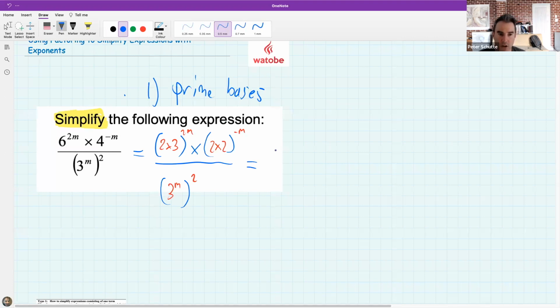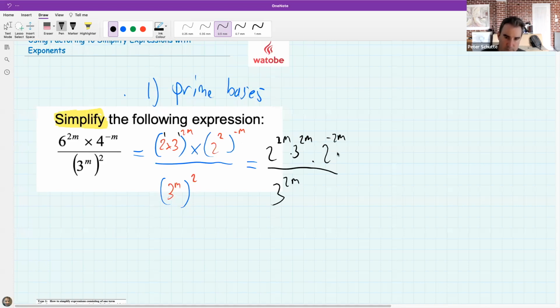Okay, you're looking good. What you were doing is the second step where you apply the exponent laws. In fact, I'm not going to write it as 2, I'm going to write it as 2 squared. From what I've heard, you basically did 2 to the 2m, 3 to the 2m, and then 2 to the minus 2m over 3 to the 2m.